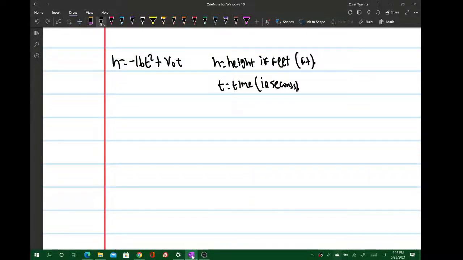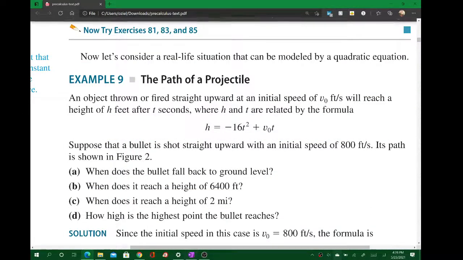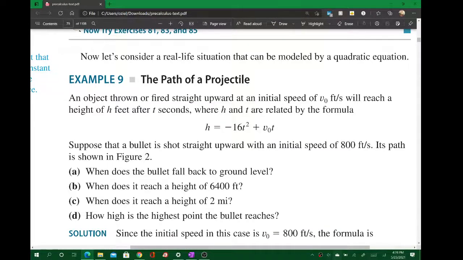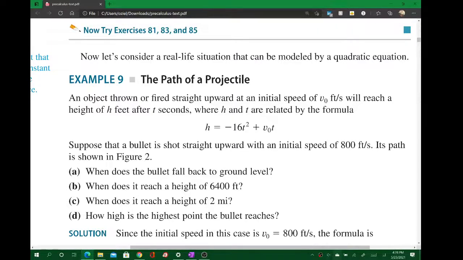And then v0, the reason I say v0 is because this is a little zero. It's like the word not, but it's v0. They just call it that in physics for some reason.